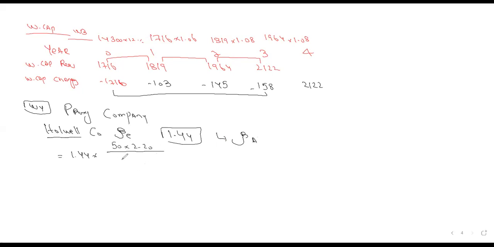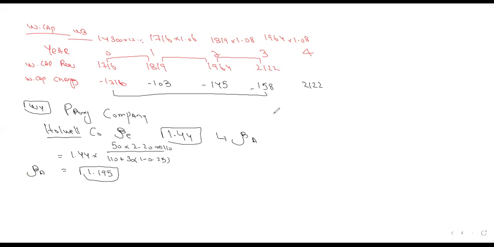And its debt market value was also given, so this is 30. 1110 plus 30, and the tax was 25%. So you will get the beta asset, that comes as 1.195.